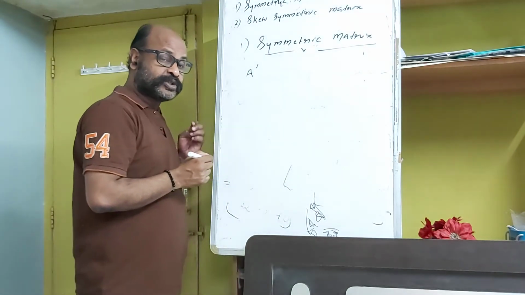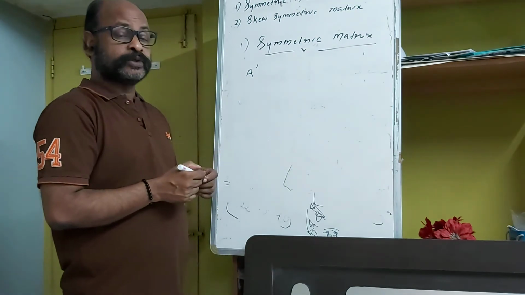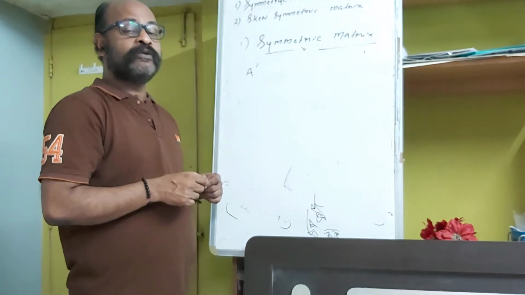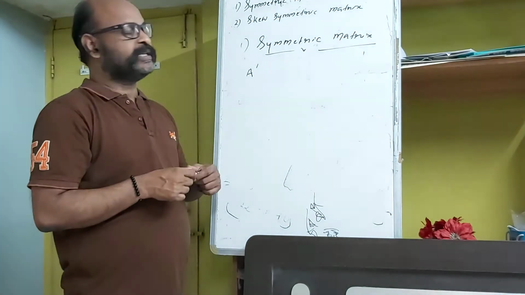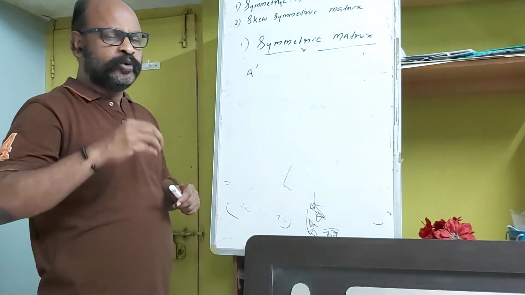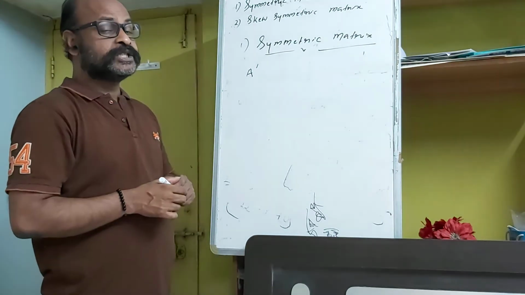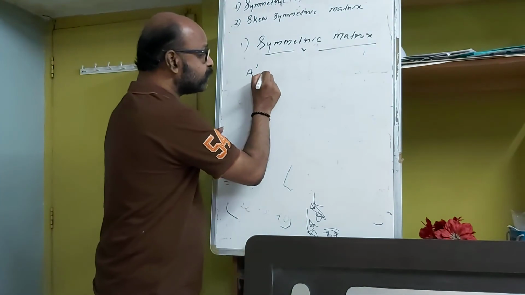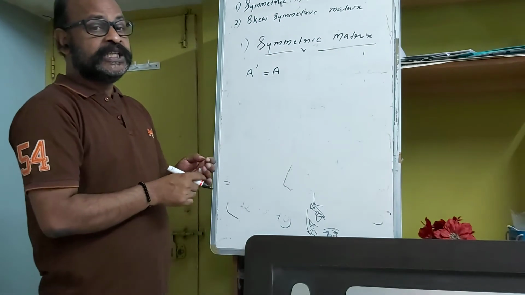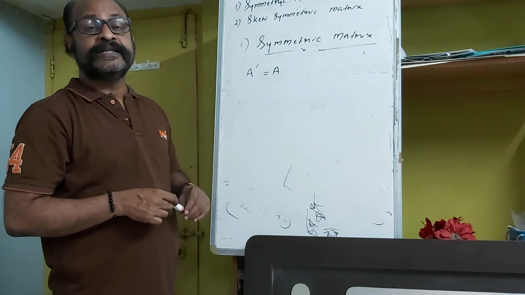A transpose is a matrix obtained by interchanging the rows and columns of the matrix A. Now suppose A transpose is nothing but the original matrix A. The meaning is that even after taking the transpose, the matrix remains itself.